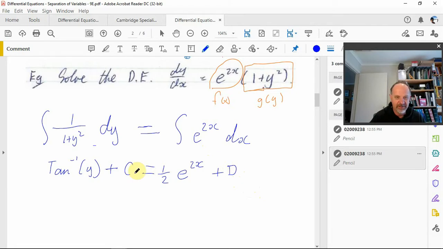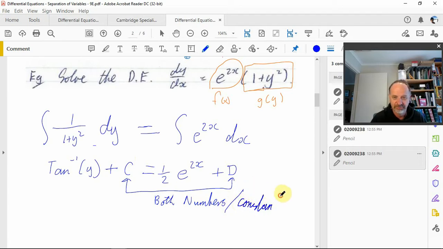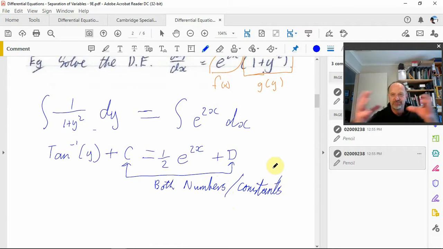Now, there's no guarantee that that one is the same as that one, so call it different. However, having said that, given that they're both numbers, slash constants, I can actually put them both together, and I can just use one constant instead of having to work with two to simplify things.